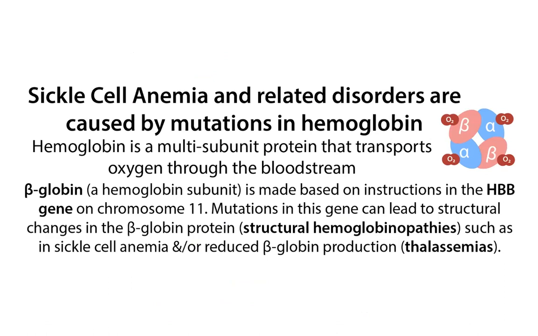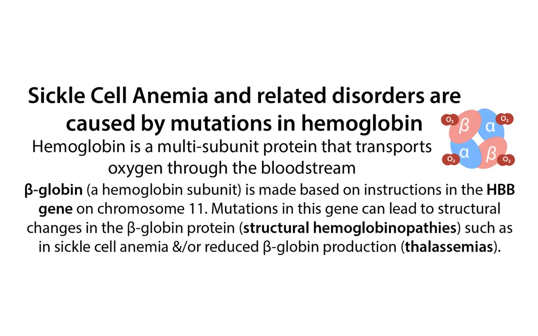There are a number of different mutations, and some of them are more extreme than others. Some of them lead to structural changes in the protein that we call structural hemoglobinopathies, such as is the case with sickle cell anemia, as we'll look at. And they can also be mutations that lead to reduced production of the beta globin, which would be like a beta globin thalassemia.